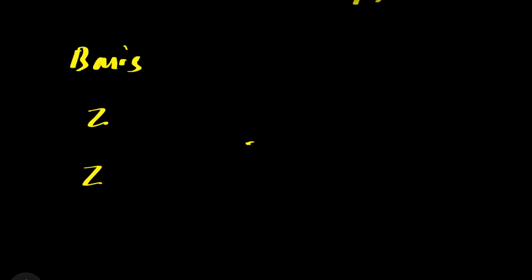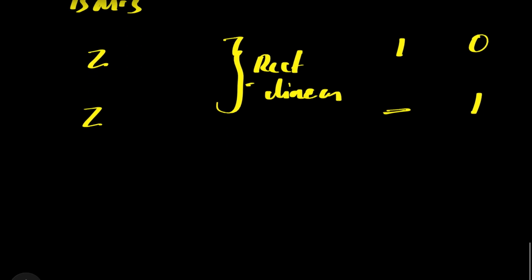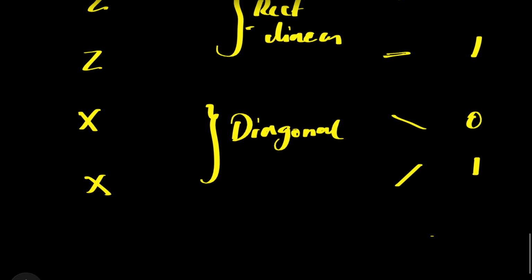Here we have the rectilinear basis, which is represented by vertical polarization and horizontal polarization, and this could be bit 0 and this could be bit 1. Similarly for the X basis, which is diagonal, one could be 45 degree and another 135 degree, where 45 could stand for 0 and 135 for 1.